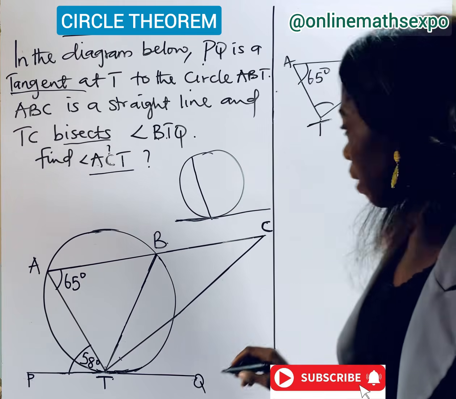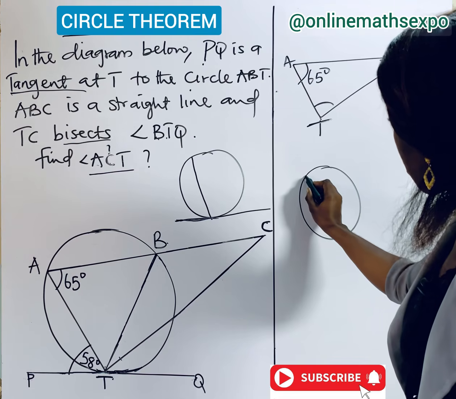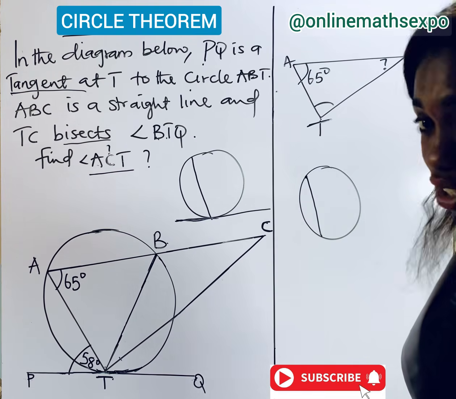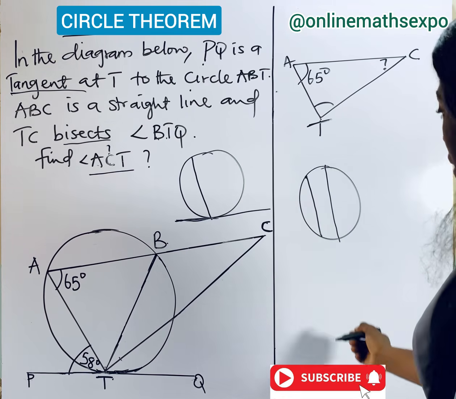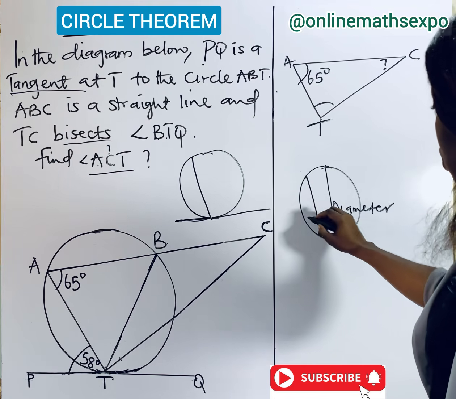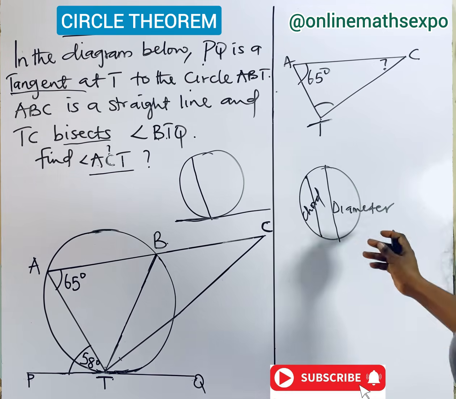You know what we mean by a chord. If this is a circle, a chord is that line that runs from one point of the circumference to the other, but it does not pass through the center. It's different from this. When you have one that passes through the center, that's what we call the diameter. But this one is what we call the chord. I hope it's clear. So what does this rule say?